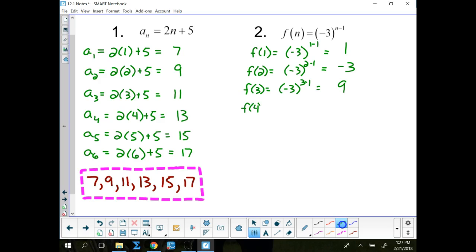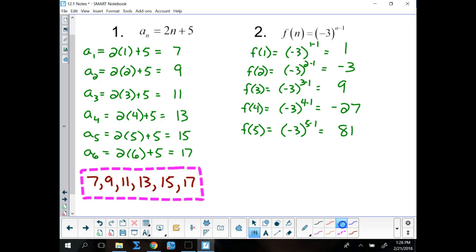Then I put in 4. That's going to give me negative 27, because it's negative 3 cubed. Negative 3 times negative 3 is positive 9, times negative 3 is negative 27. Then I put in 5. That's going to give me positive 81.